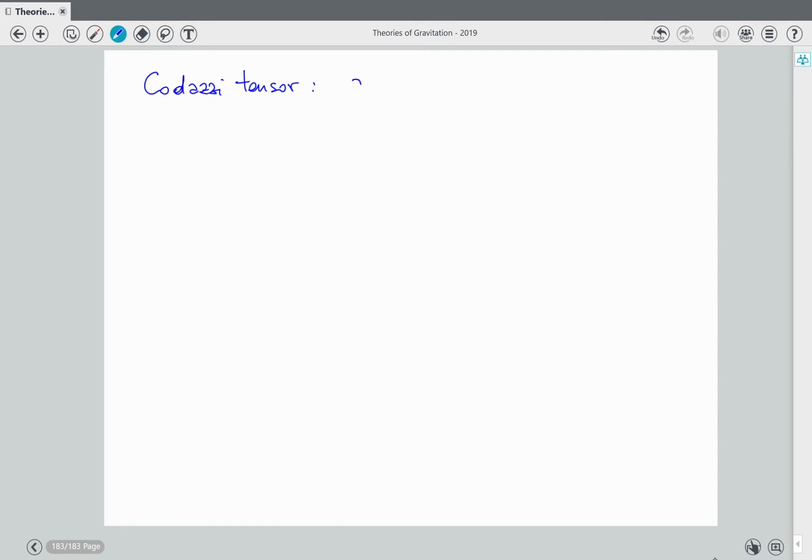Any tensor T mu nu, let's call it curly T mu nu, because T mu nu would be the stress tensor.